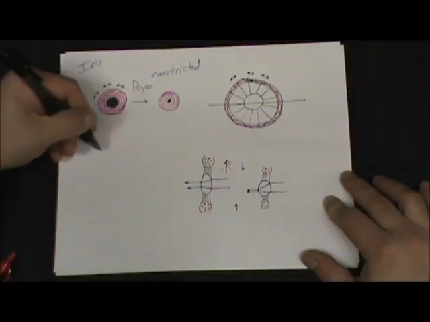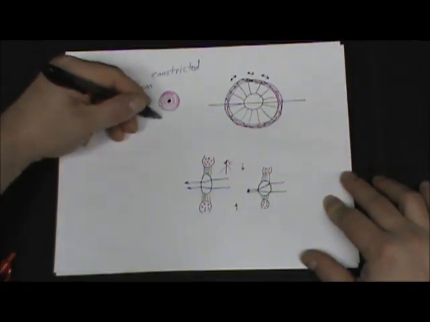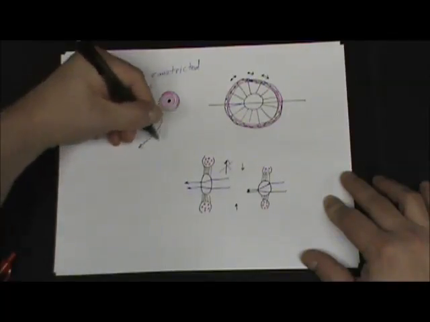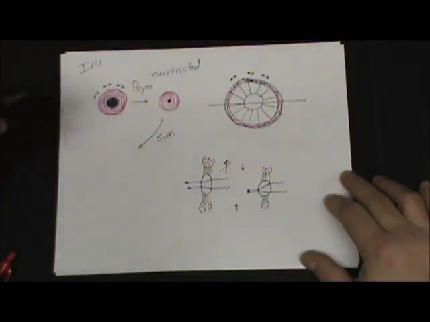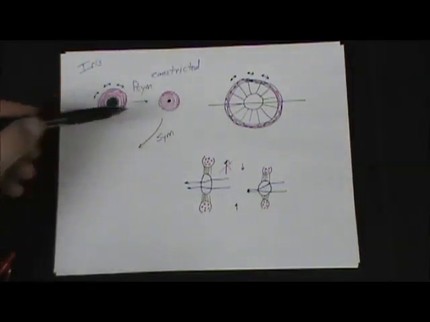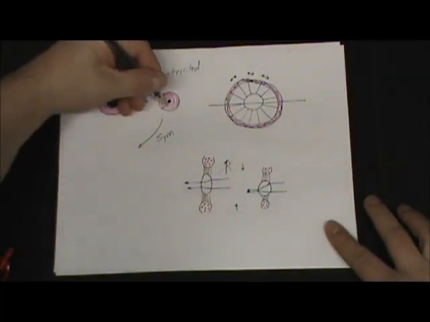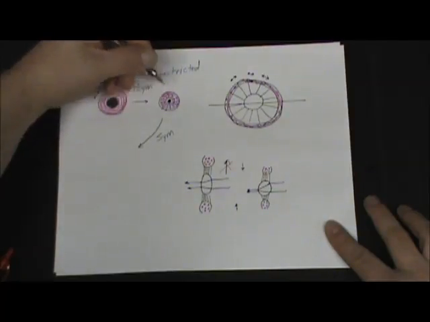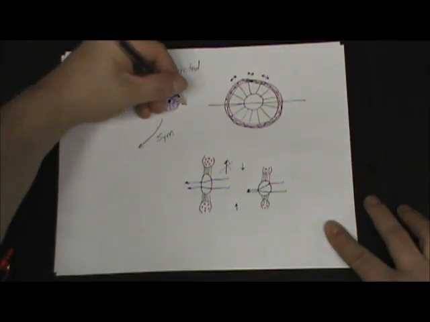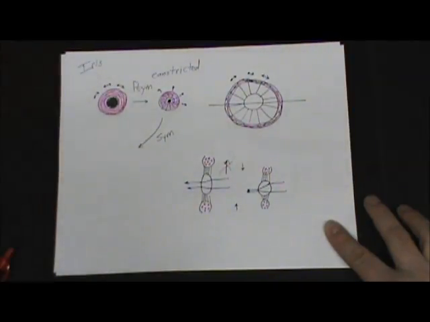Let's say we've already got a constricted pupil right here. Sympathetic input does not innervate the circular muscles of the iris. Instead, they innervate radial muscles, ones that are running like little spokes out from this area. So when they contract, they are going to cause the pupil to open up, to dilate.